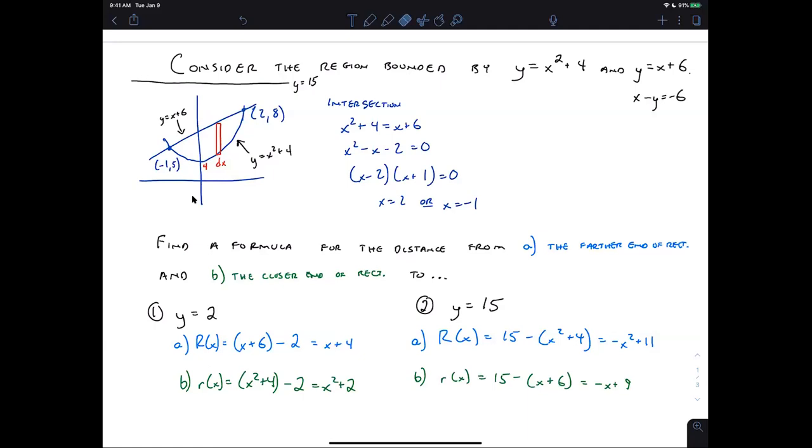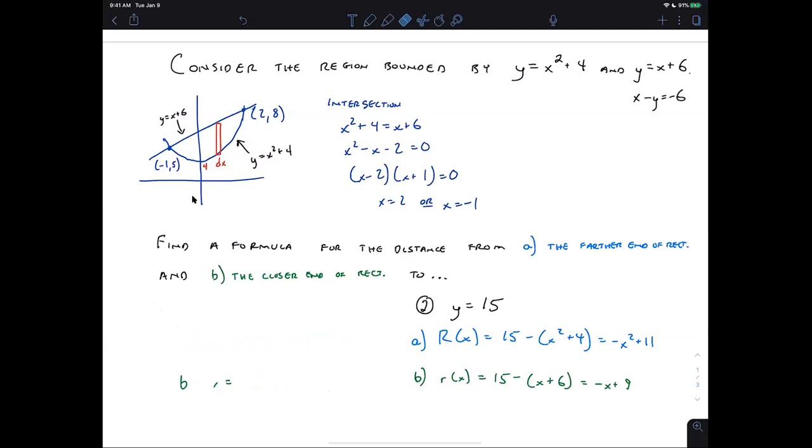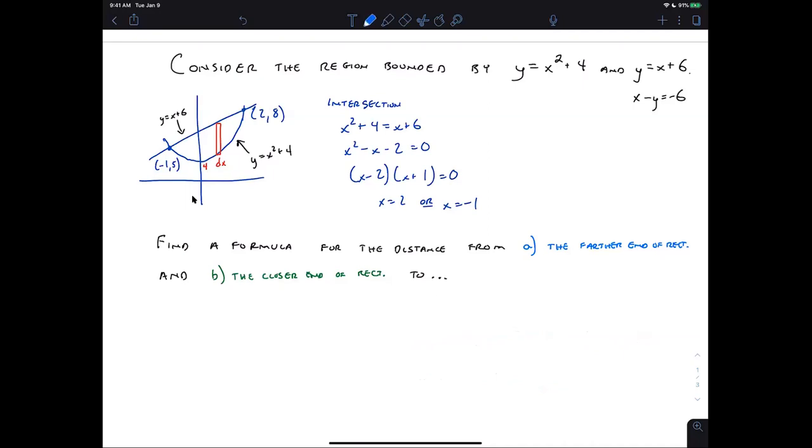So that's for any horizontal line. Now I want to talk about vertical lines. So we'll get rid of these two. All right, and so problem 3 is x equals negative 4. So x equals negative 4 is over here somewhere.